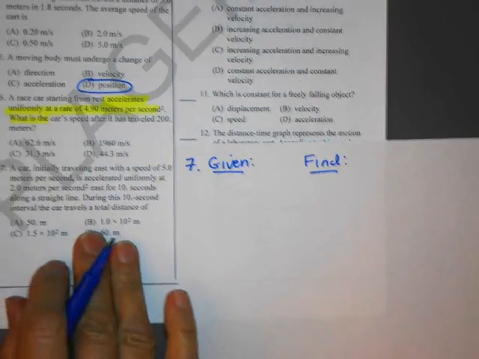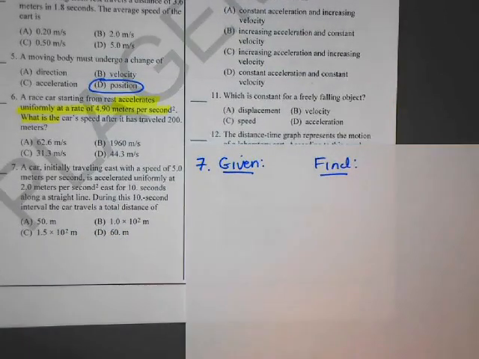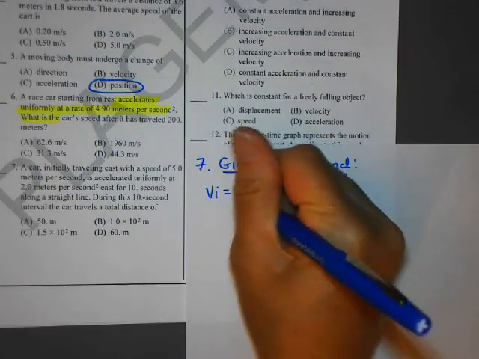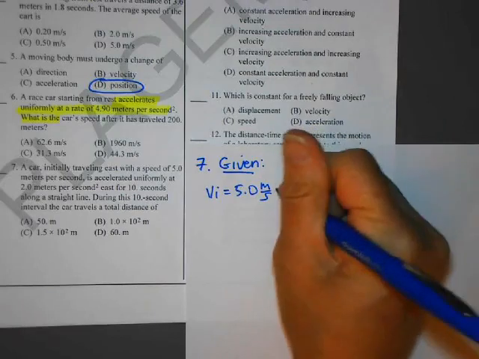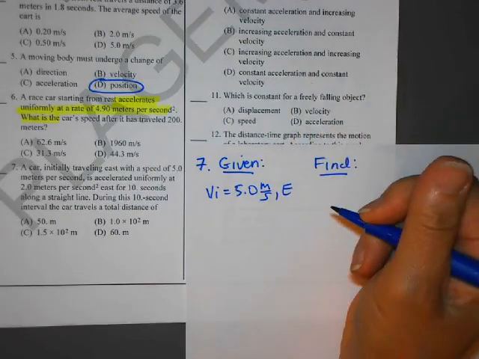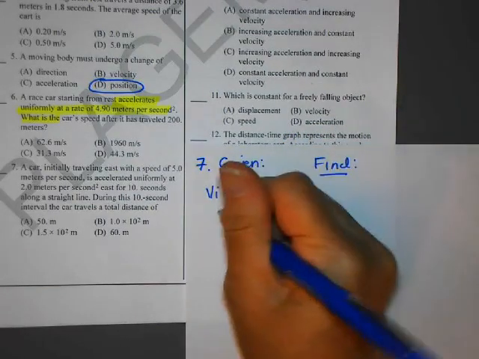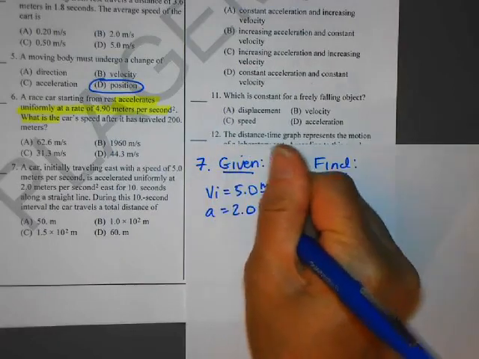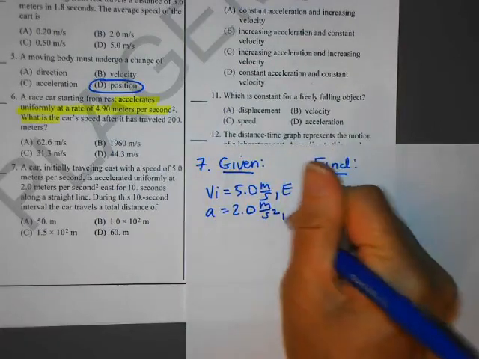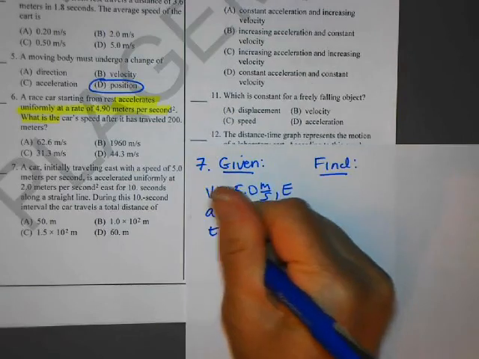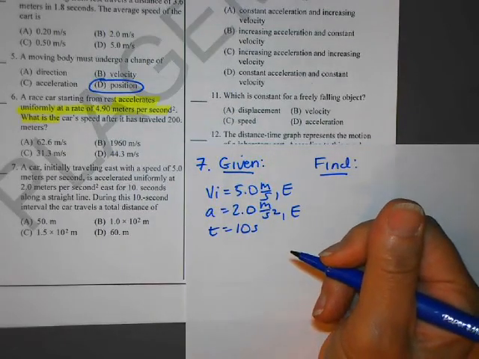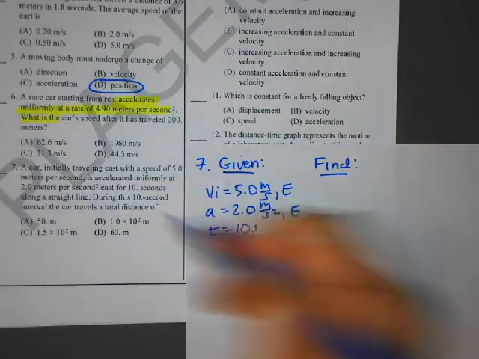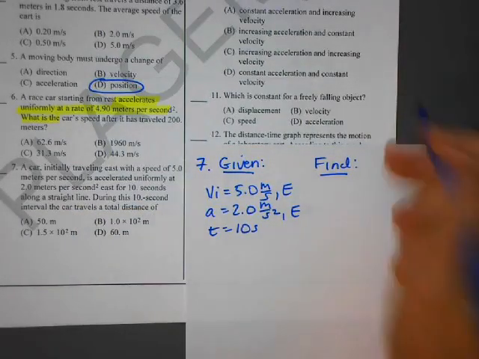A car initially traveling east with a speed of 5 meters per second, so VI is 5 meters per second, and again this is east, is accelerated uniformly, so A is 2.0 meters per second squared east for 10 seconds along a straight line. How far during this 10-second interval does the car travel? A total distance of X.